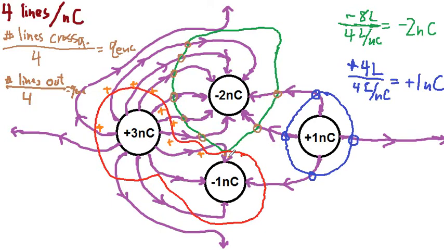And now I'm just going to start counting. Lines going out are going to be positive. Lines going in are going to be negative. So I'll mark these, if I'm not cluttering this up too much, as positive or negative. Okay, so this one here is positive. This one here is going out, that's positive. Positive, positive, positive, positive, positive.